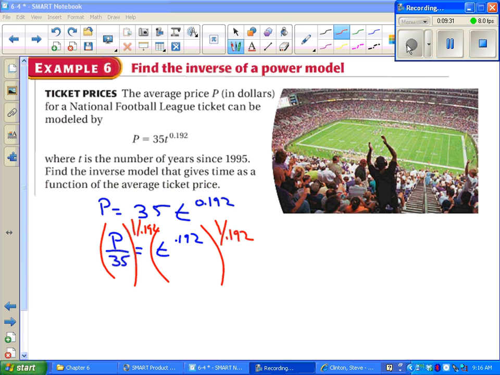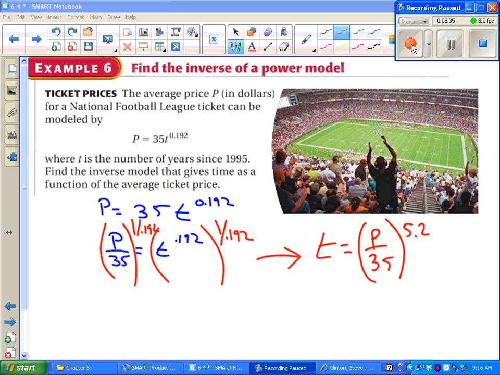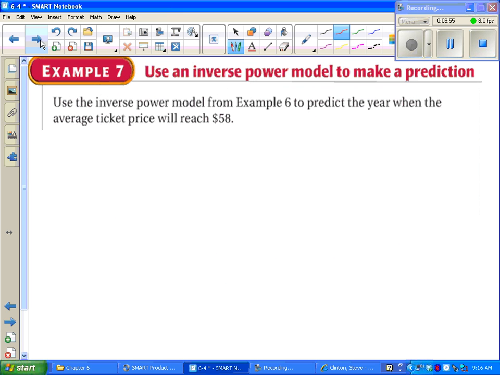Go ahead and try to finish it, solving for t on your own. Once we've got our equation solved for t, it gives us the inverse model. And is this one asking us to figure anything out? Doesn't look like it, we just needed the equation. So we're done.